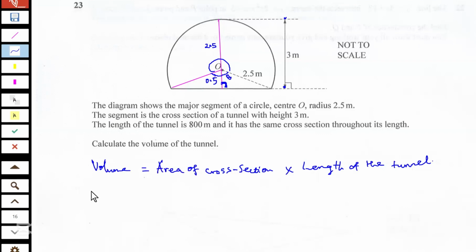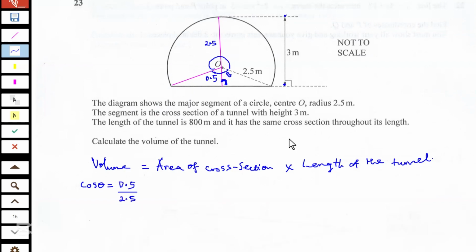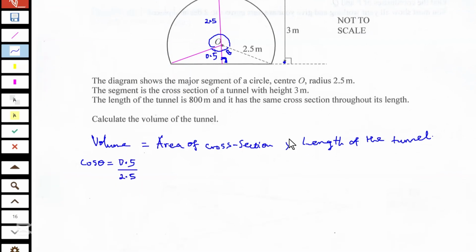It's going to be cos theta equal to 0.5 over 2.5. Okay, 0.5 over 2.5.